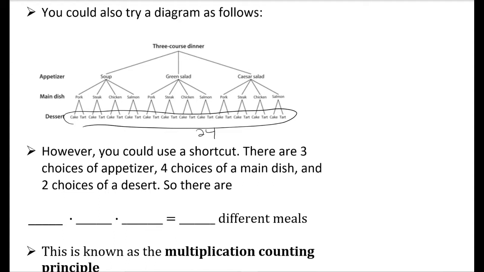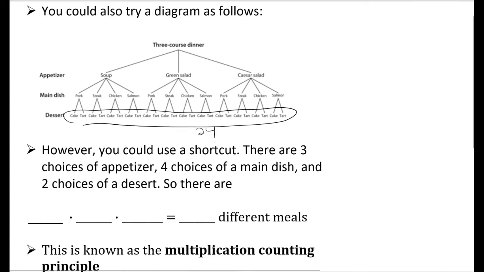All right, well, let's use a shortcut though. What's the shortcut for this? Notice that there are 3 choices of appetizer, there are 4 choices of main dish, and there are 2 choices of dessert.